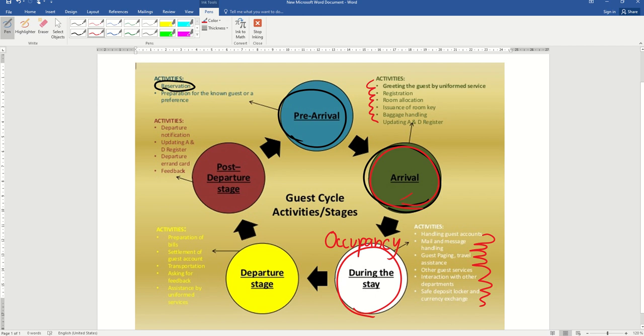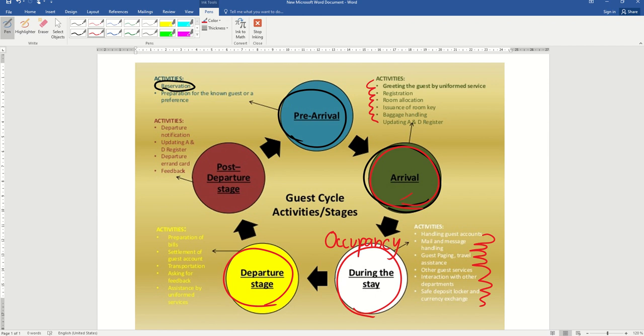Then, after dealing with complaint, after dealing with guests, difficult guests, providing hotel services, 2, 3 nights, so on, whatsoever. After that, it's time to leave the hotel. So that is departure.